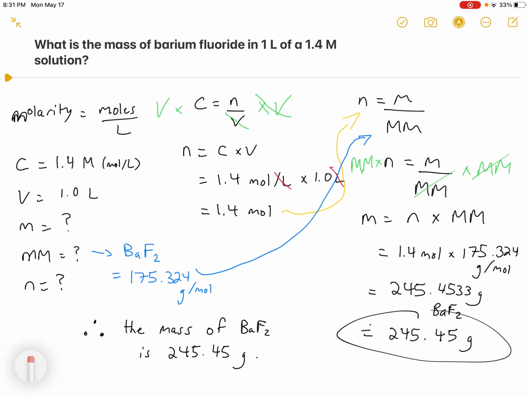So that's why writing a data list will be super, super helpful for you when solving problems, because if you can quickly identify what do I have and what do I need, it makes it a lot easier to identify the relevant formulas. So we just plugged in all of that data into our formulas, we arrived at the final answer, and that's the mass of barium fluoride in the solution.